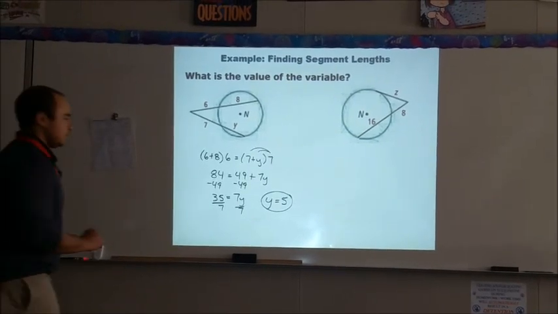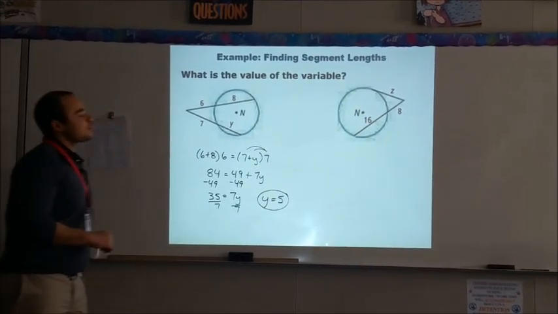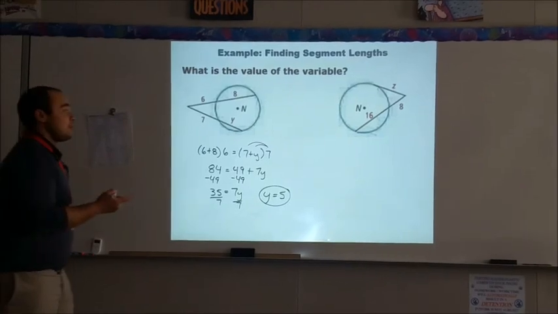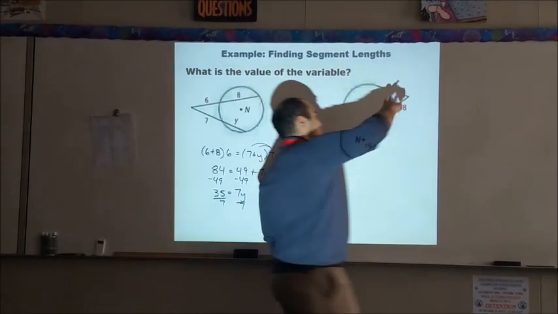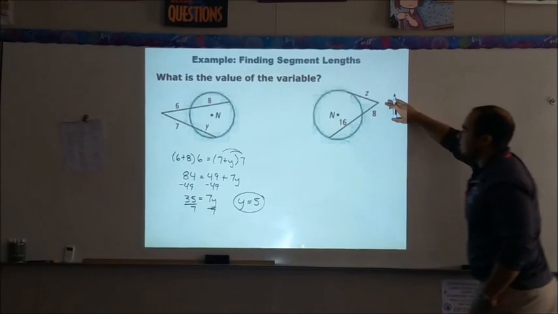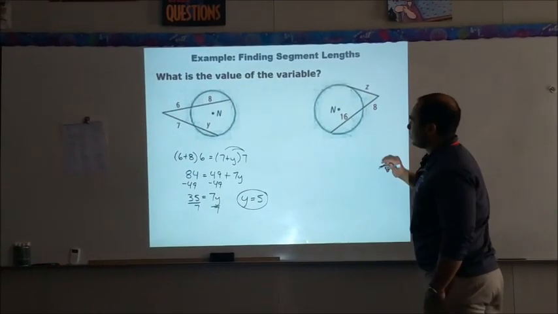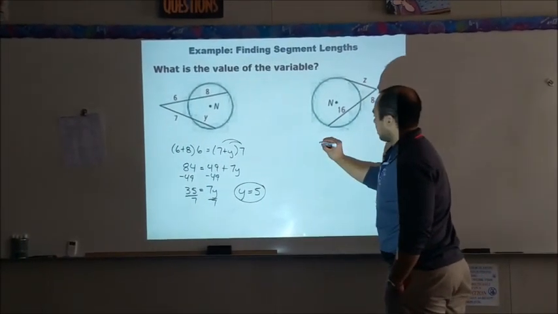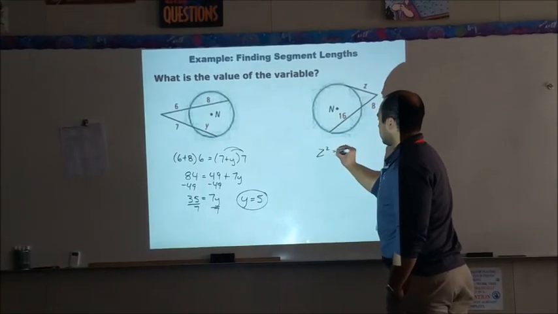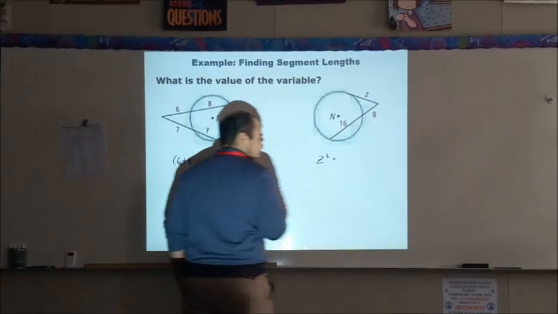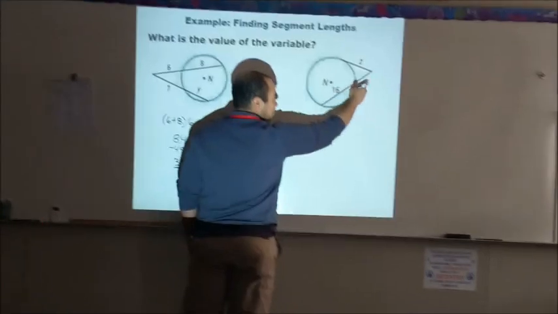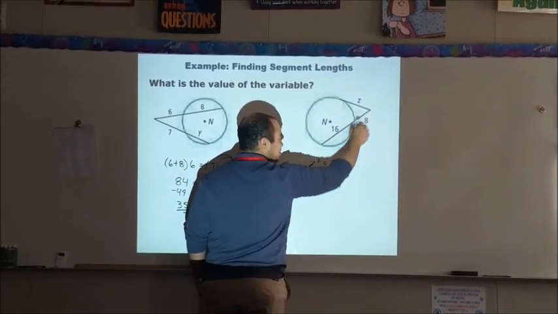All right, so the second problem of this set, we have a tangent outside equals the secant quantity times the outer piece. So to set this up, let's take our tangent squared. That's z. Tangent squared equals the outer portion of the secant times the sum of the secant.